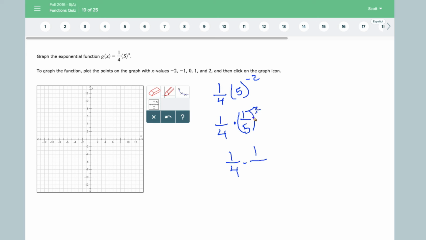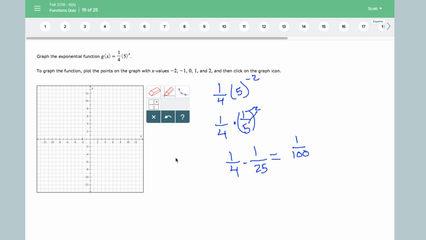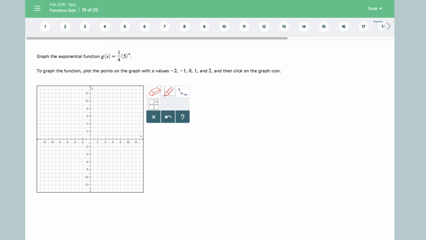Remember, this just goes to both numbers. 5 squared is 25. And so that becomes 1 over 100. So when I plugged in a negative 2, I got 1 over 100. Plot that point, move on.